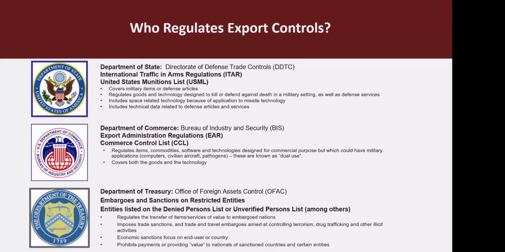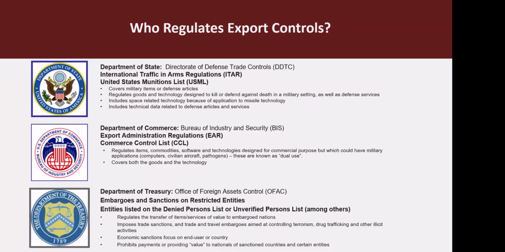And finally, the third big player of this is the Department of Treasury through the Office of Foreign Assets Control, or OFAC. And this is kind of the economic arm of the export control regs. These are going to be embargoes and sanctions on restricted entities.